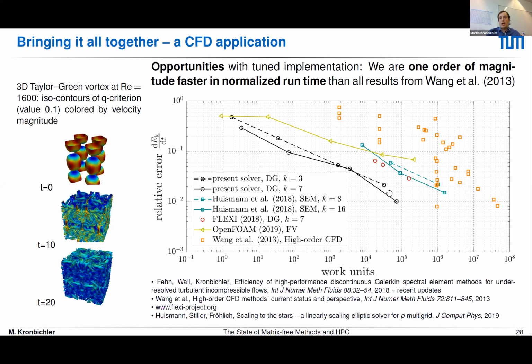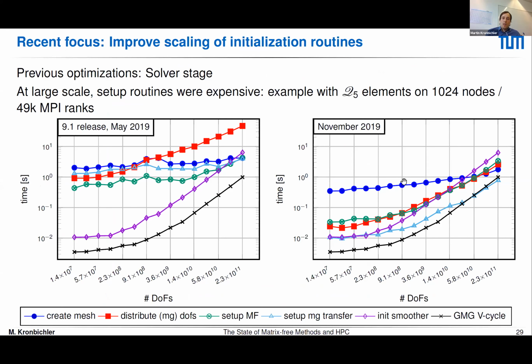What you see is that our lines, the black lines here, are really below the other curves. If you look at this gap here, this is an order of magnitude. We are pretty much faster than the other groups in the community because we have both optimized the implementation, and in that case we have also had very good work on the application side on doing the right thing in applications.